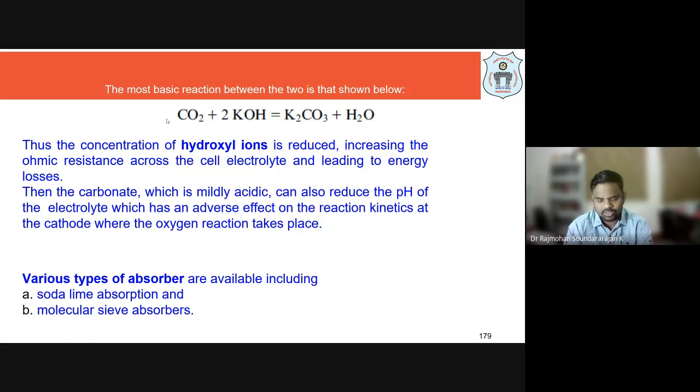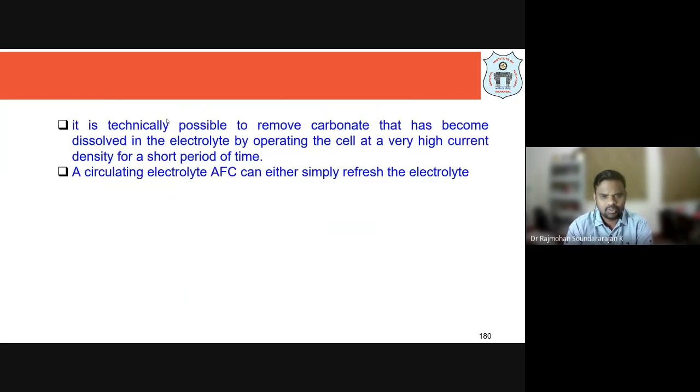Because the presence of CO2 is a disadvantage, it will be consuming the OH minus ions, because KOH plus CO2 will give you K2CO3. It is technically possible to remove all this carbonate that has become dissolved in the electrolyte by operating the cell at a very high current density for a short period of time. Otherwise, a circulating electrolyte AFC can simply refresh the electrolyte.